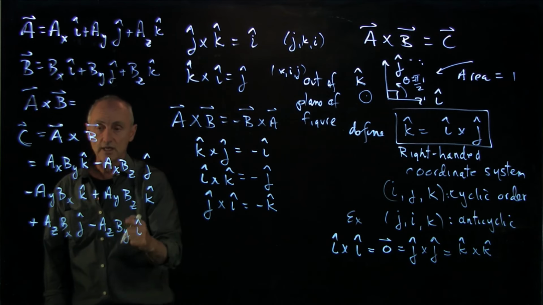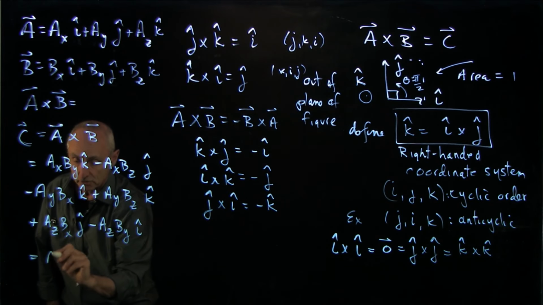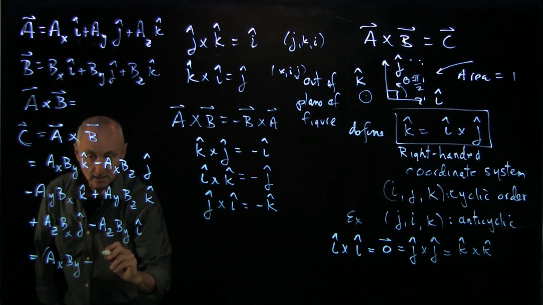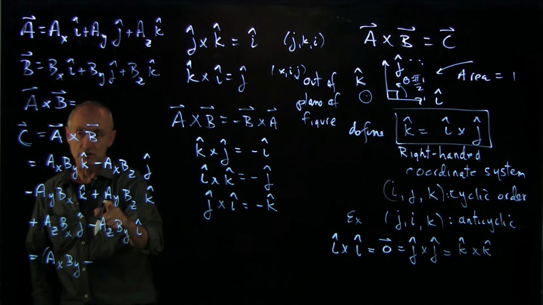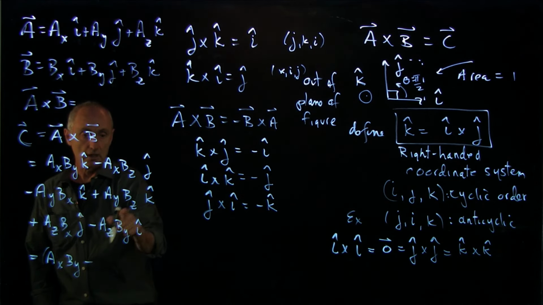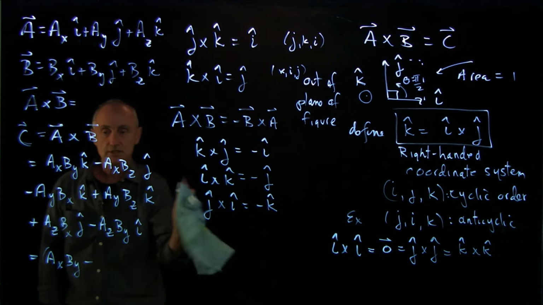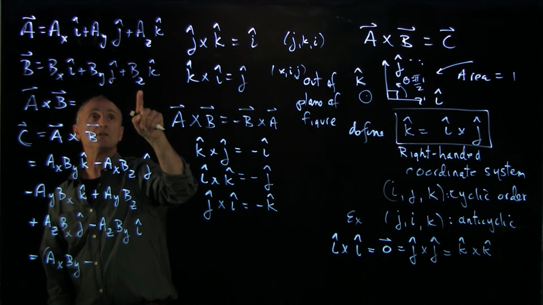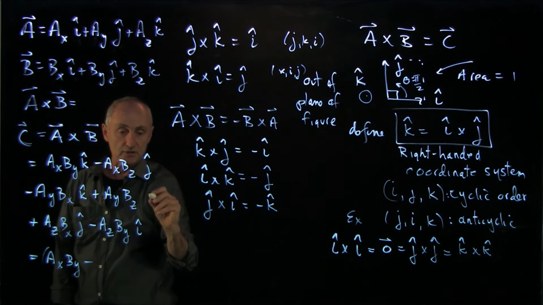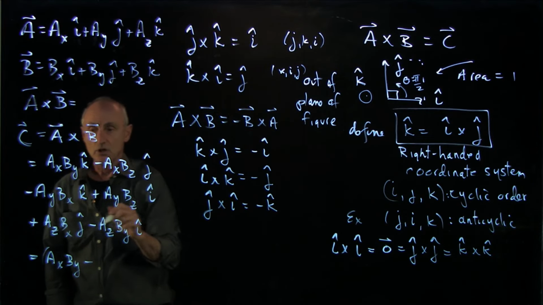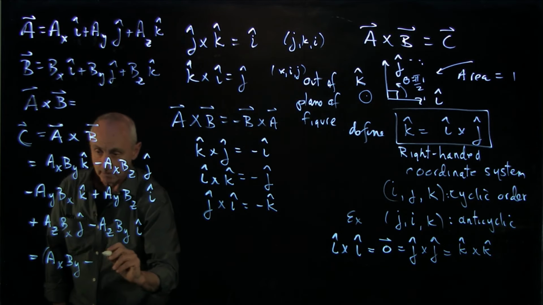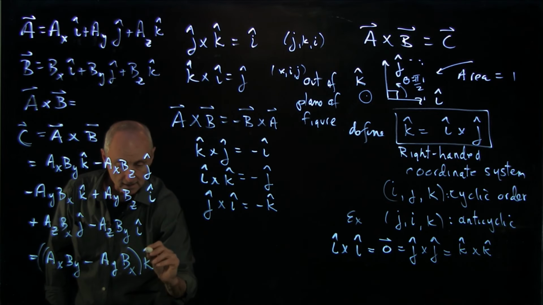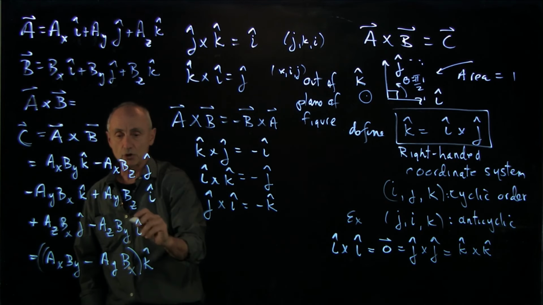So we have 6 terms, and we can collect them. We have to be a little bit careful here. ay bz is j hat cross k hat. That's plus i hat. So we have ax by minus ay bx k hat. And now let's look at the i hat terms.